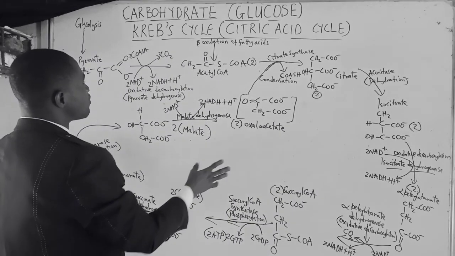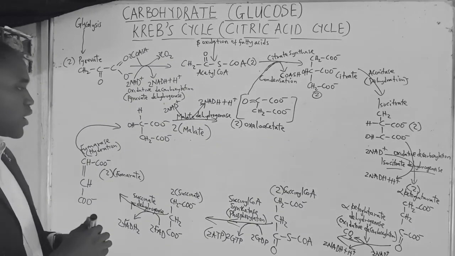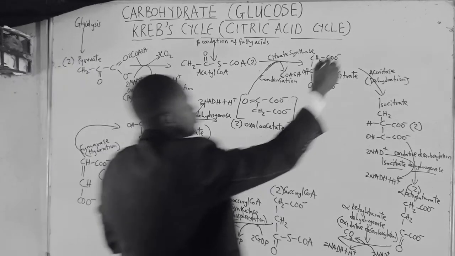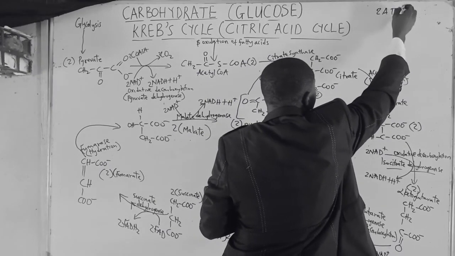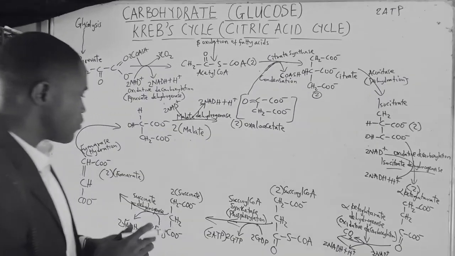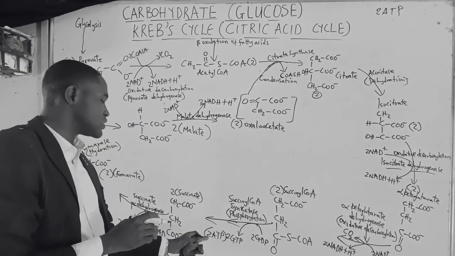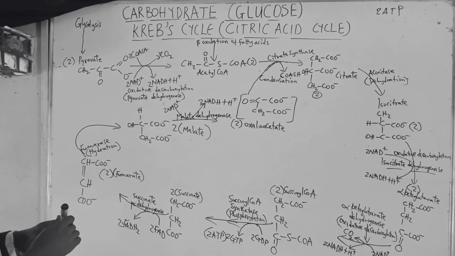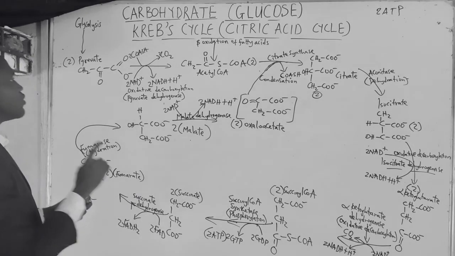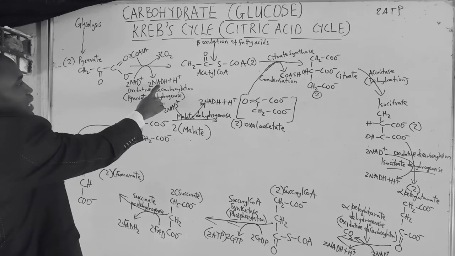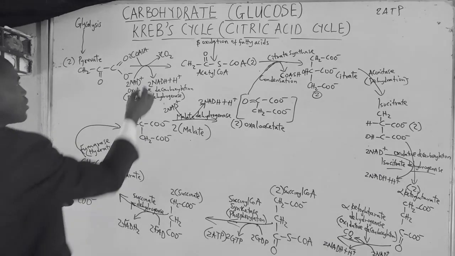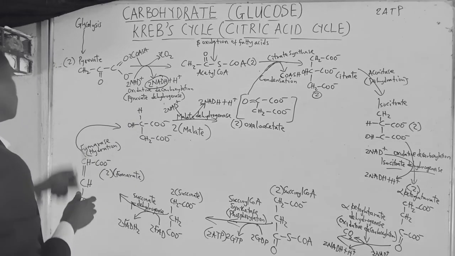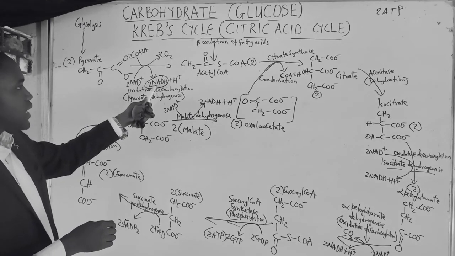Now, what is the essence of this pathway? In this pathway, we are able to see that 2 ATP were produced, because we said that 2 GTP is also taken to be 2 ATP. And we also notice the number of reduced nicotinamide adenine dinucleotides we have. From pyruvate, we have 2 molecules here.